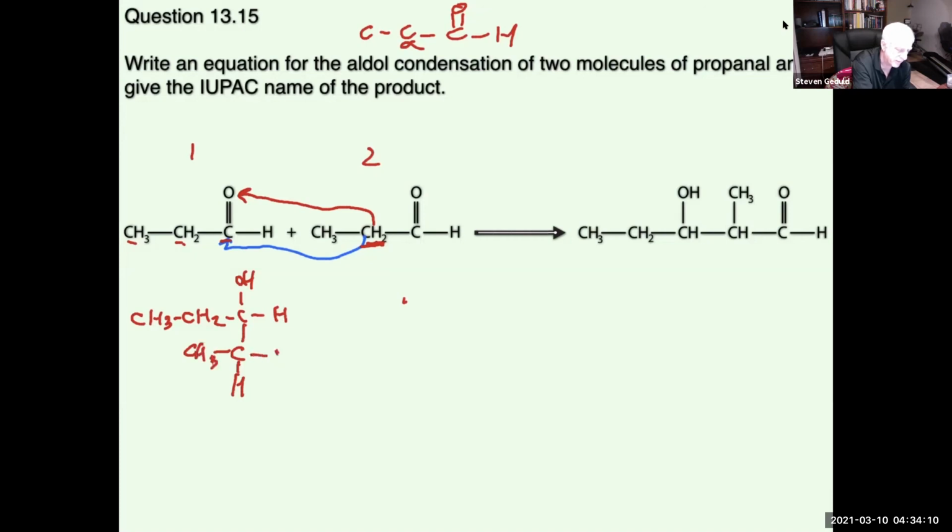CH3, C, carbonyl group, bonded to hydrogen. That's what it's formed. Okay. That was the first step. We took the hydrogen from right here and added it to the oxygen of the carbonyl group of the first one.